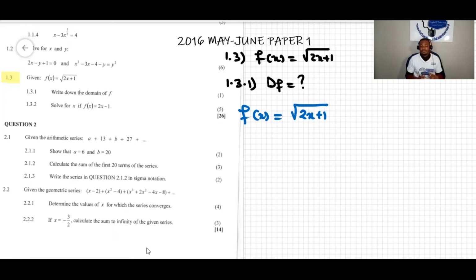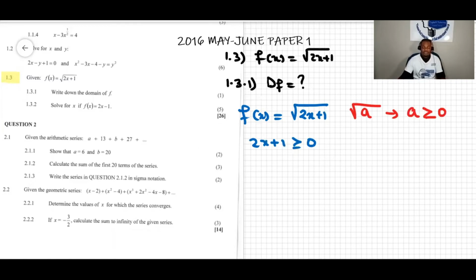We know that square roots can accept only values that are positive, because negative values will not be real. Note that the square root of a accepts only values of a that are greater or equal to 0. So the domain will be those values where 2x plus 1 is greater or equal to 0.